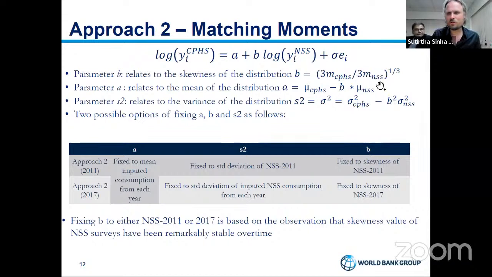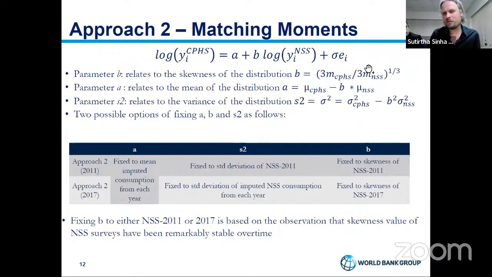Since this third moment is comparatively stable in the NSS distribution, we're simply going to take the third moment observed in the 2011 NSS. And then for every CPHS year, we use the third moment observed in that particular CPHS round, which is notably less stable.